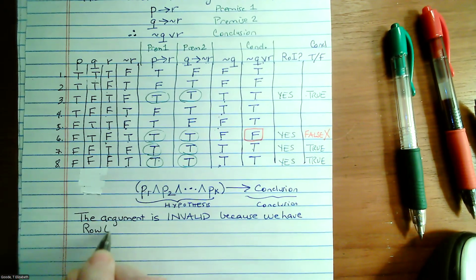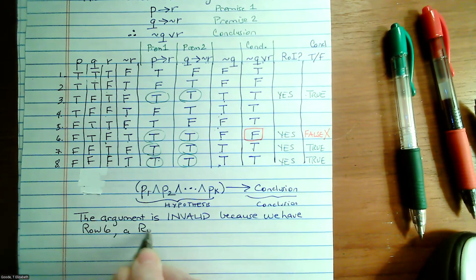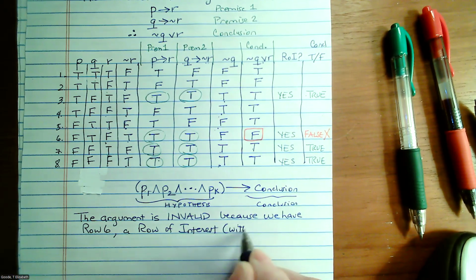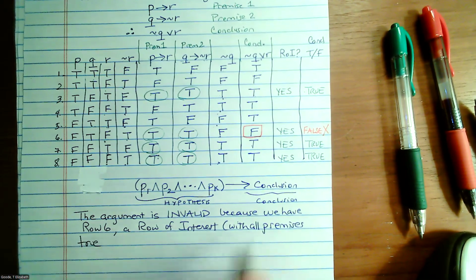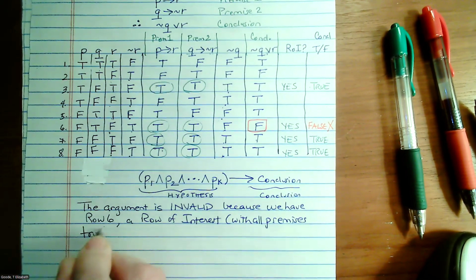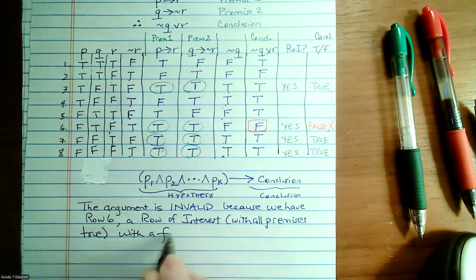We have row 6, a row of interest with all true premises, or with all premises true. You can say it either way. It means the same thing. With a false conclusion. And that's enough to make the whole argument invalid.